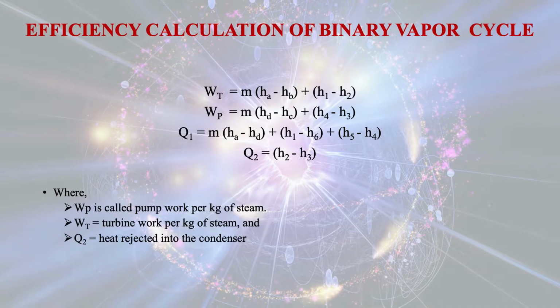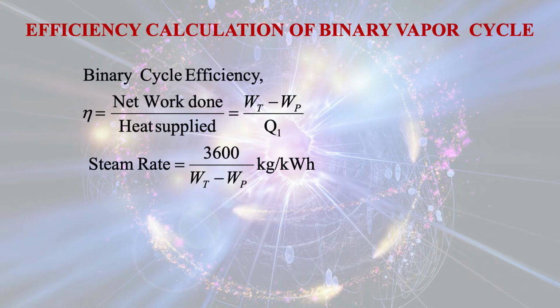Now we know very well that WP is called pump work per kg of steam, WT is the turbine work per kg of steam, and Q2 is equal to heat rejected into the condenser. Now in this case we have calculated WT, the work done by both the turbines, and WP, the work done by both the pumps.